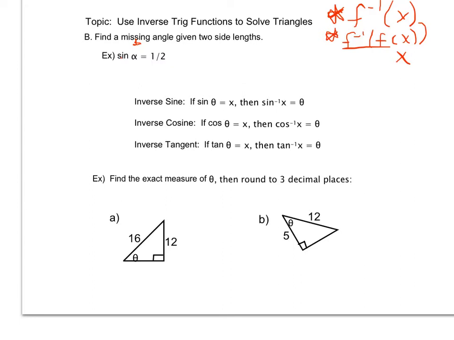In order to get rid of the sine, I'm going to do sine inverse of both sides. They're going to cancel on the left, leaving me with alpha equals sine inverse of 1/2.